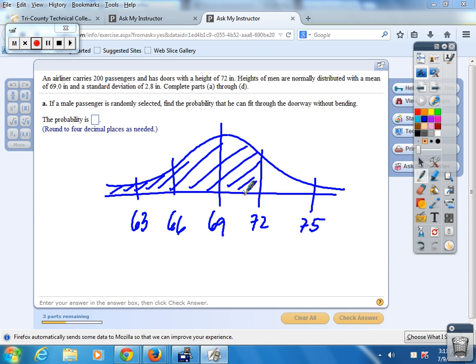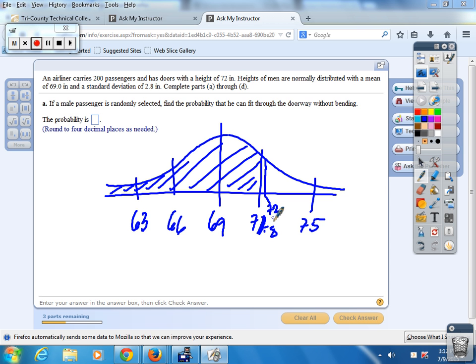Because 72. Okay, make sure, what's 69 plus 2.8? Okay, so this is 71.8. So it'd be a little bit past this. 72 is right there. Y'all see what I'm doing?